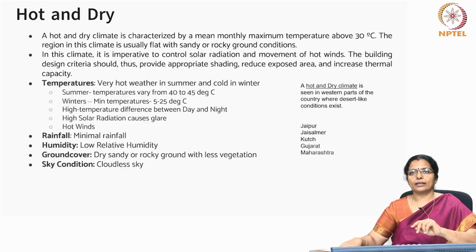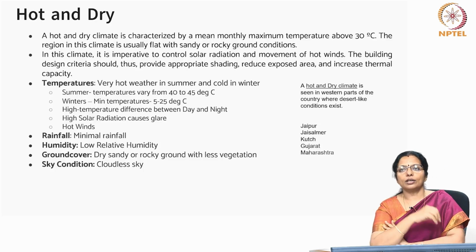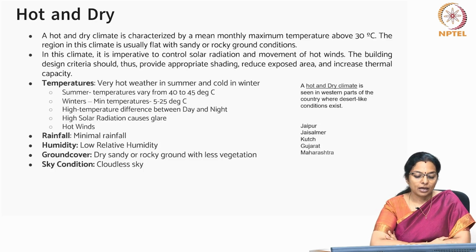So, let us look at the characteristics for hot and dry. This climate is characterized by a mean monthly maximum temperature which is above 30 degrees centigrade, and the region in this climate is usually flat. The building design criteria should thus provide appropriate shading, reduce exposed area and increase thermal capacity.